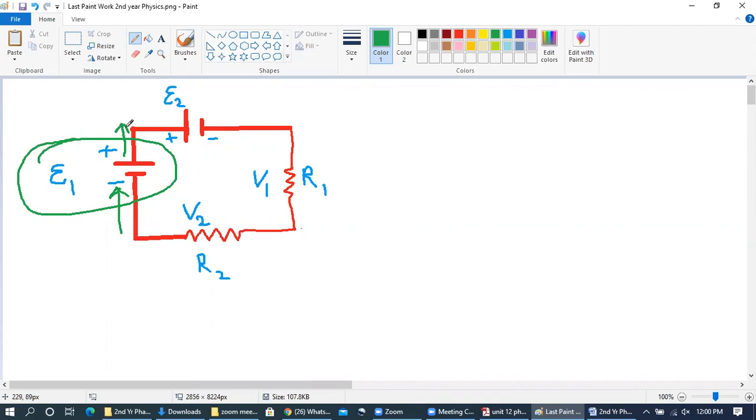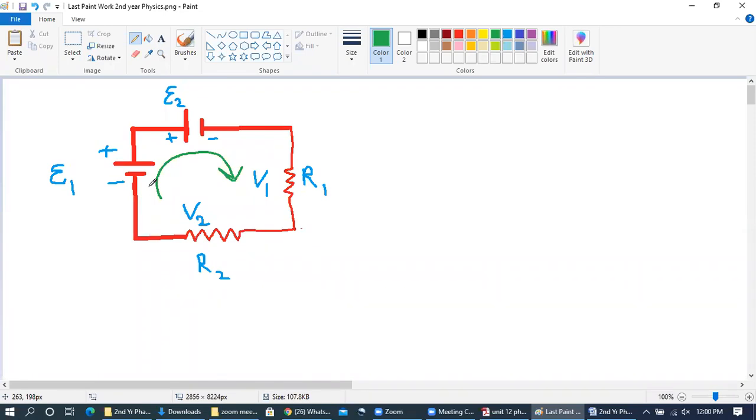Upward direction means from here, if it is going upward, then it is going to this direction and so on. So as a result, battery 1 is practically trying to move the current in the clockwise direction.